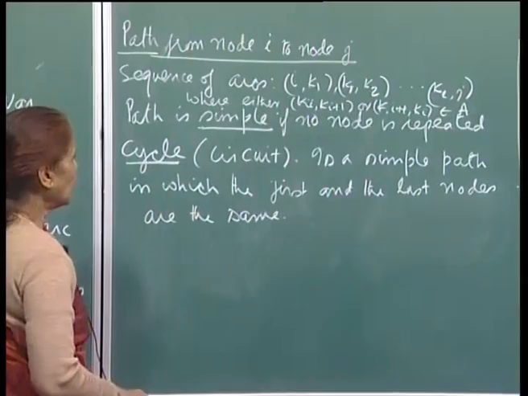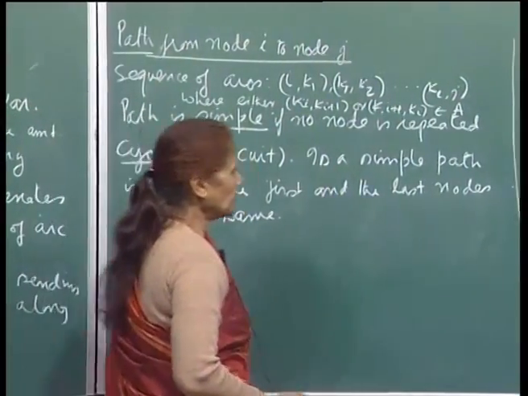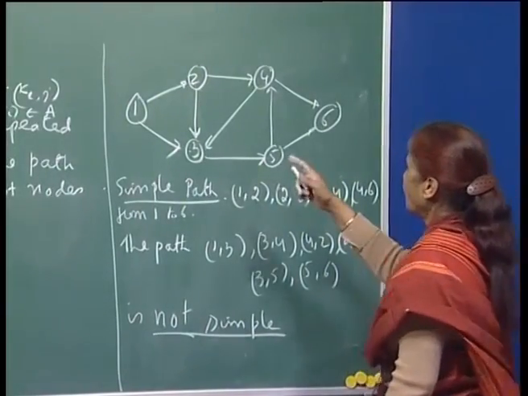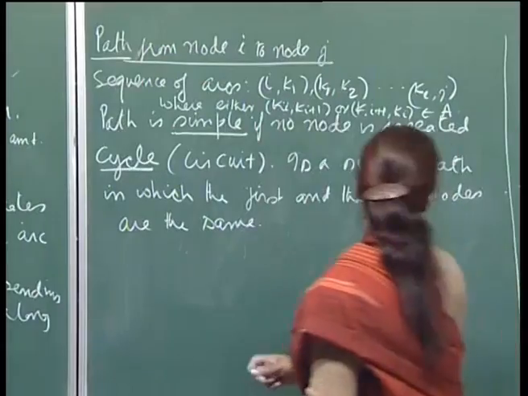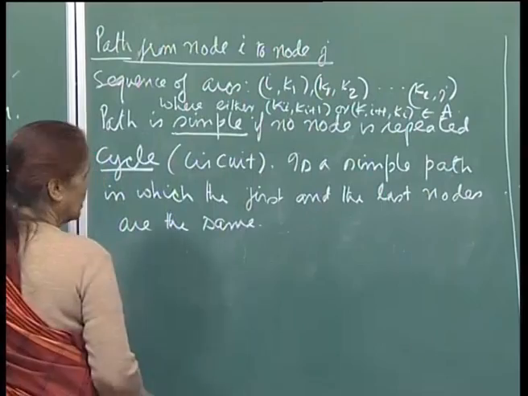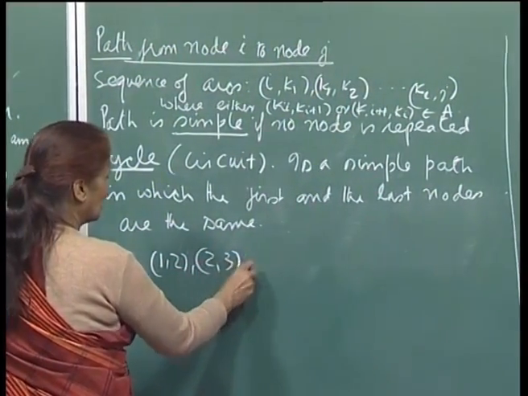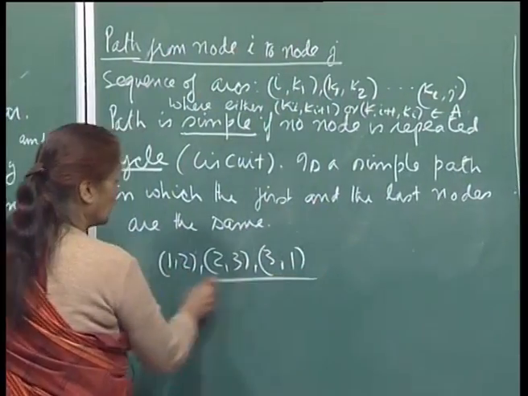Okay, so a cycle or a circuit is a simple path. So for example, let me give you an example here. Yeah, it's very simple. 1 2, 2 3, 3 1. This is a cycle, right?